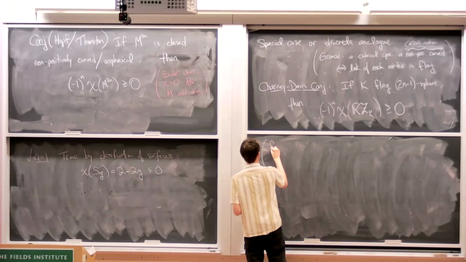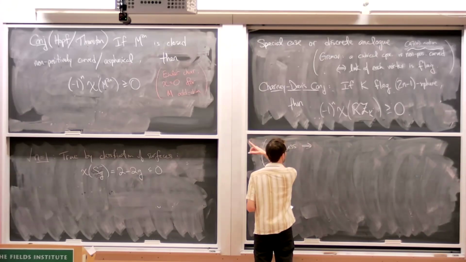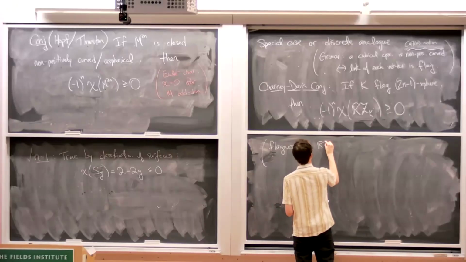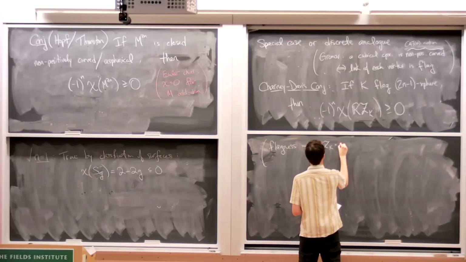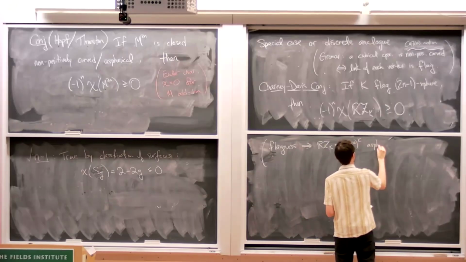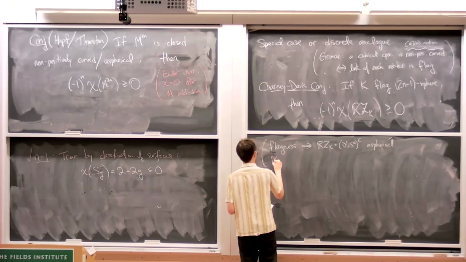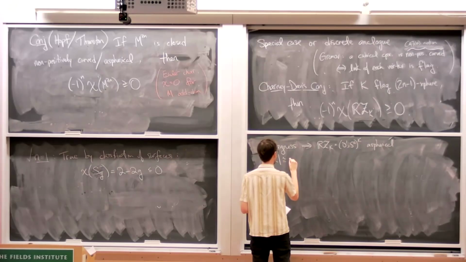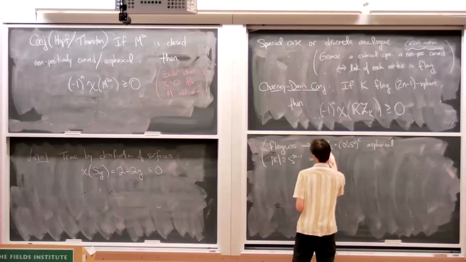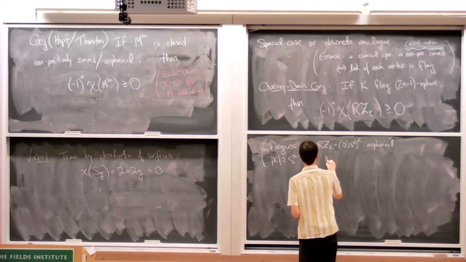Okay, so flagness gives us one hypothesis over there, and geometric realization of K being a sphere of dimension 2n minus 1 gives that this is a manifold, and it gives us the manifold of the right dimension.